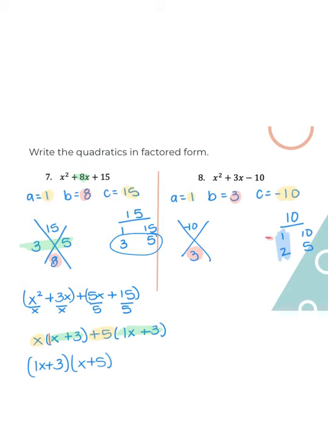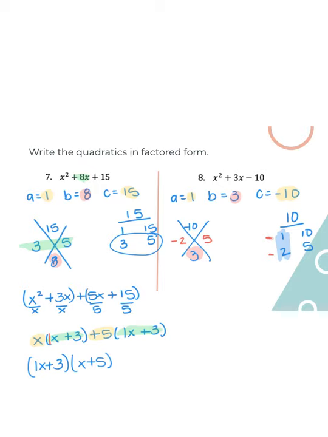So either I'm going to have a negative 1 or a negative 2. So negative 1 plus 10 will give me 9, so that won't work. But negative 2 plus 5 will give me a positive 3. So I'm going to have my negative 2 here and my 5 there.